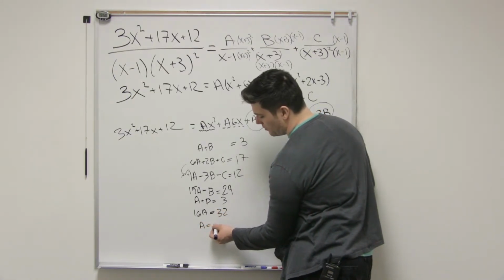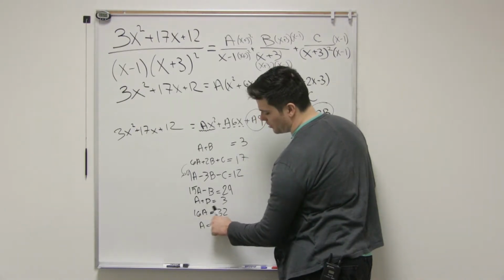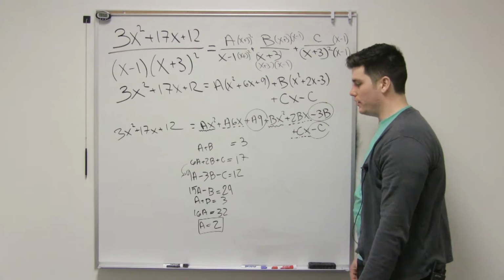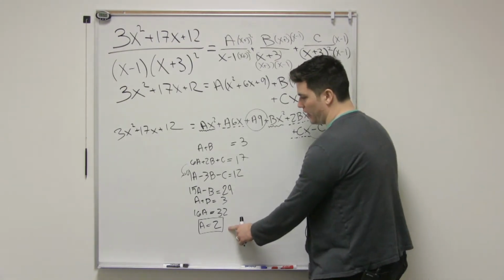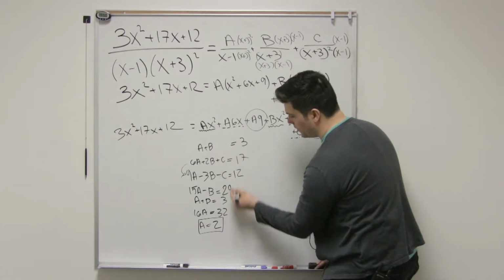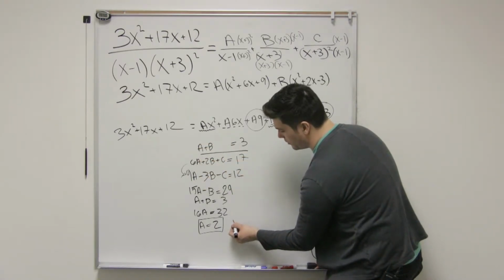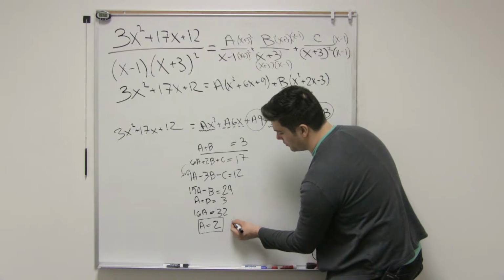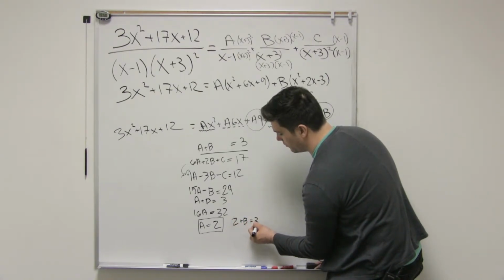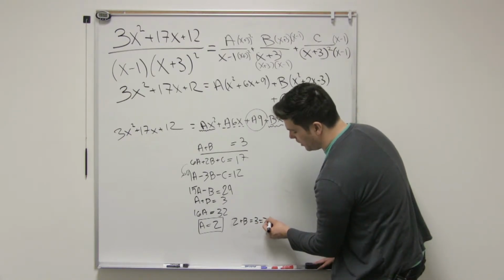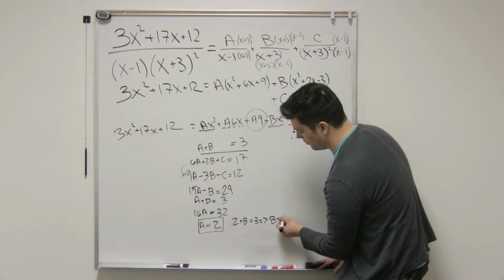A must equal 2. We just divided 16 over. So a is equal to 2. Now we can use the fact that a equals 2 to find b. If we plug it into this equation, I'm going to replace a with 2, plus b equals 3. Subtract 2 from both sides, and we get that b equals 1.